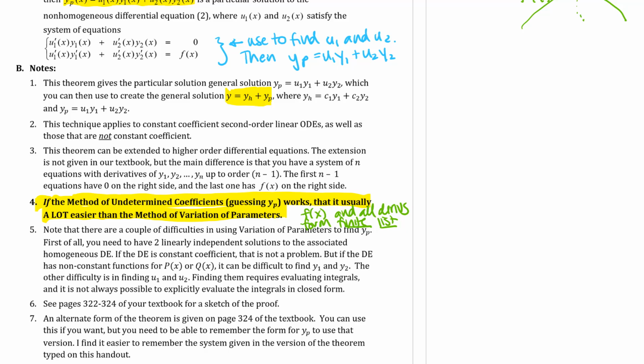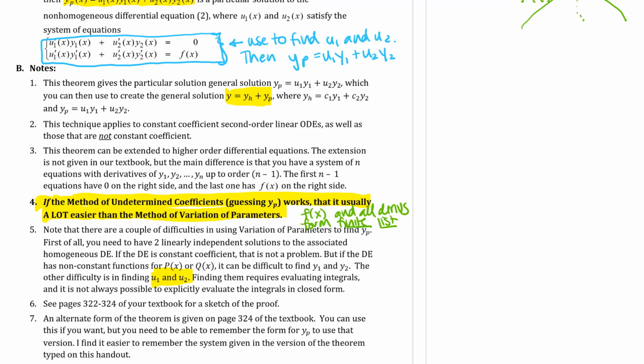And then another difficulty is in finding U1 and U2. Finding this U1 and U2 that you're going to use, you're going to find from this system that I kind of marked up here. So notice that that system of equations doesn't actually have U1 and U2 in it. It has U1 prime and U2 prime in it. And I need to find U1 and U2, so I'm going to have to undo some differentiation in order to make that happen.